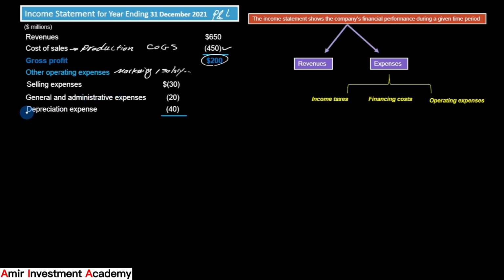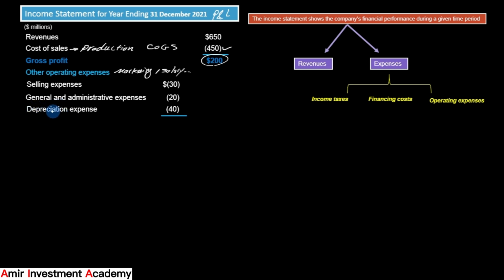And then we have something called depreciation expense. We have talked about the whole concept of depreciation and amortization when we were talking about the balance sheet, so hopefully you're all familiar with that. Here we are calling it depreciation, and we can conclude that we are talking about a physical, tangible asset. If it was amortization, that was a financial asset.